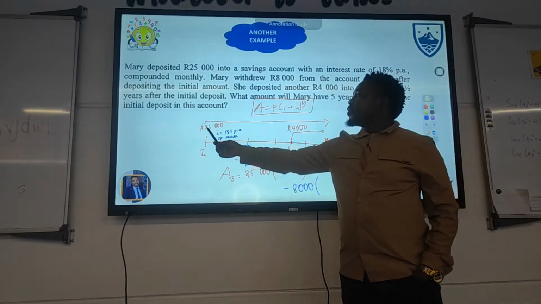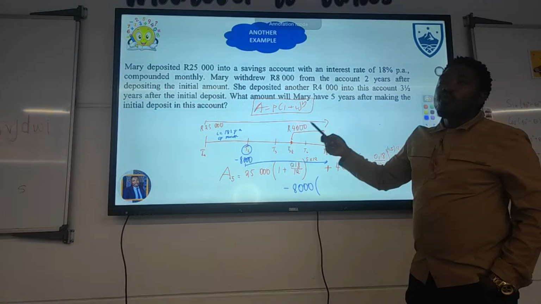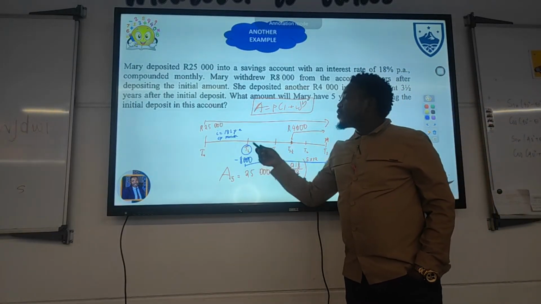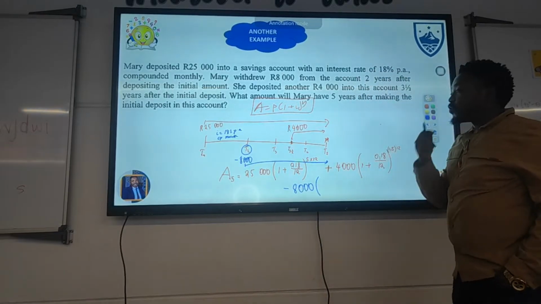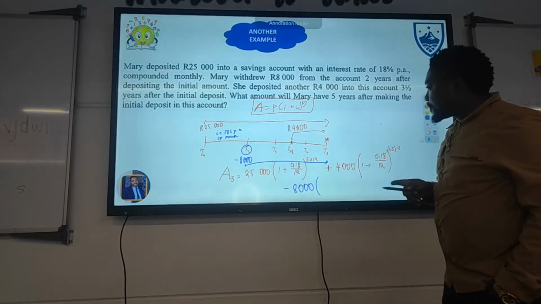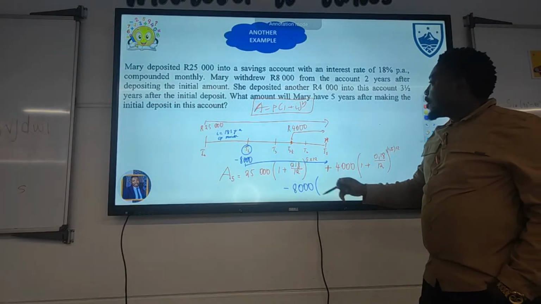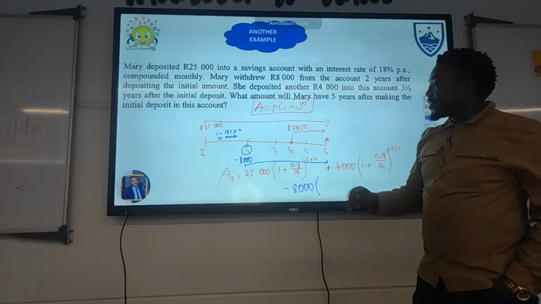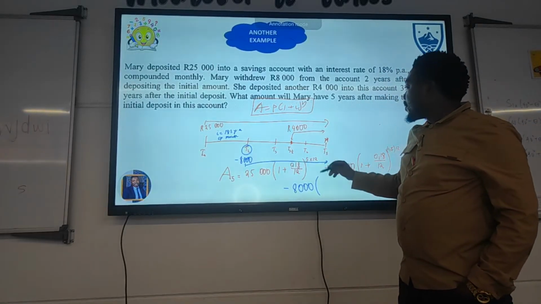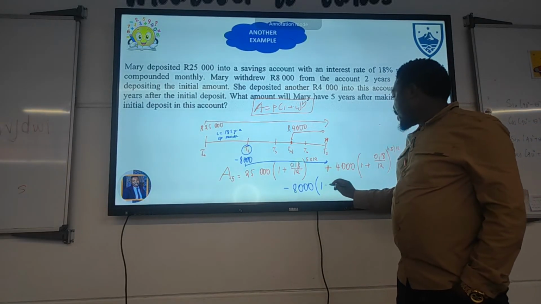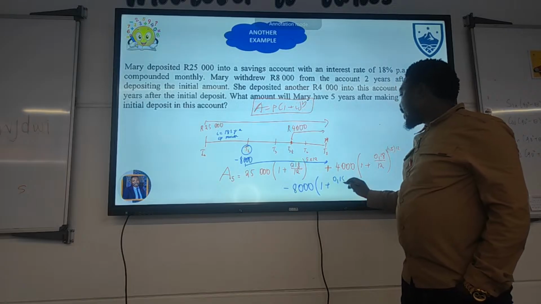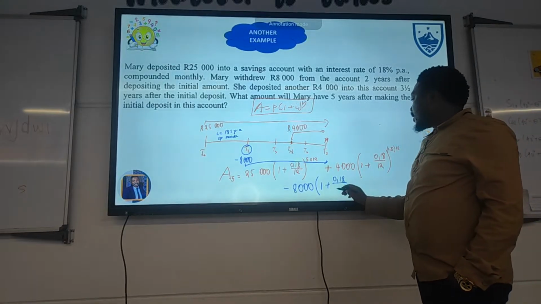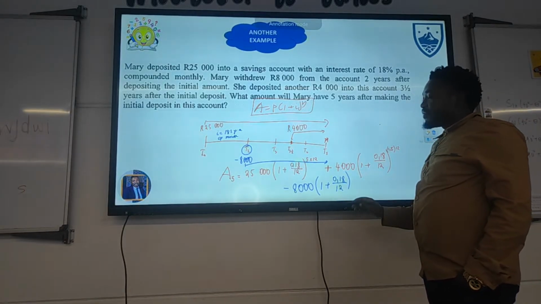But because the 25,000 has been accounted for until the end, we take out what the 8,000 would have built, because we took it out after 2 years. So from 2 to 5 years we'll have 3 years. Same interest, 1.18, because that's the interest of that bank for the duration of the investment.